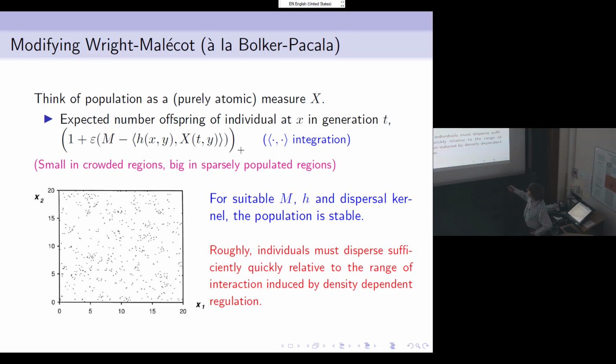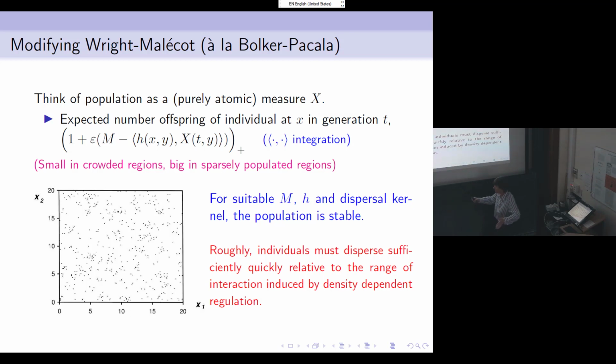So here, angle brackets is going to denote integration. And I'm thinking of my population as a purely atomic measure. So what does that mean? It just means that I'm going to add up around, what this is going to be, the expected number of offspring of an individual at x. So an individual at x is going to look around itself in a weighted way. So there's going to be some h of x,y. That might just be an indicator function of the ball of radius 1 around me, for example.